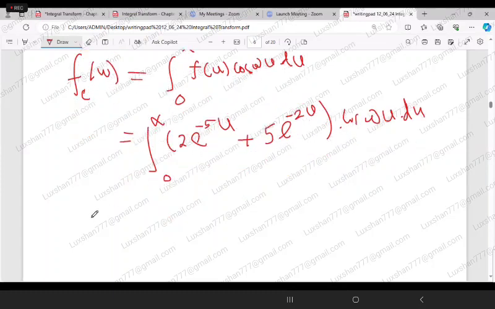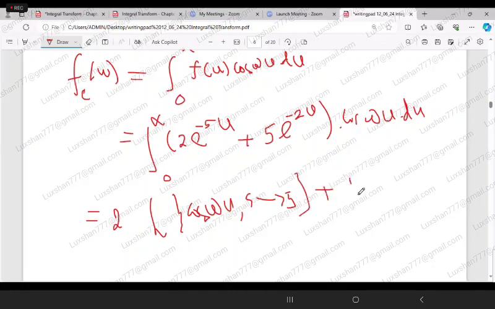So if you do it in a similar way, you can write this as 2 times Laplace transform of cos omega u, where s is 5, plus 5 times Laplace transform of cos omega u, where s is 2.